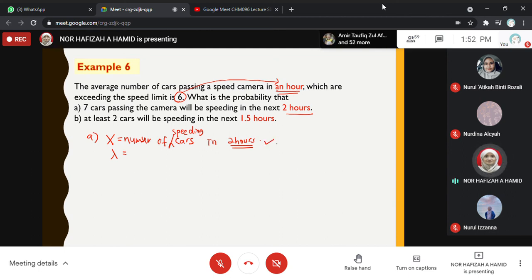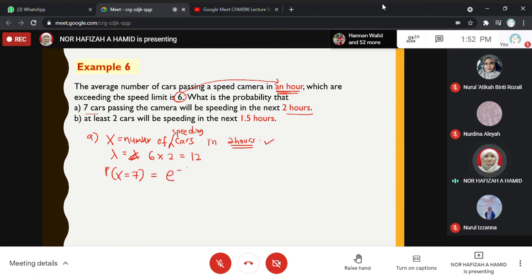Okay, so sekarang X tu dia nak in 2 hours. Yang dia bagi 6 ni in 1 hour. So kalau in 2 hours maknanya you kena multiply by 2 lah. Okay, so 6 times with 2, so you will have 12. Okay, and you get, okay, so you calculate lah. Dia nak X is equal to 7. Okay, so probability X is equal to 7, you substitute formula for the Poisson distribution.